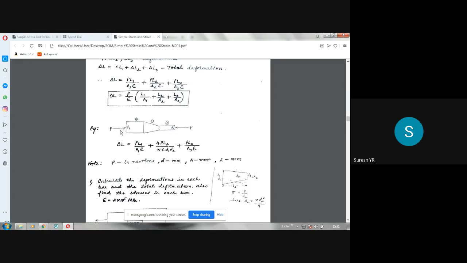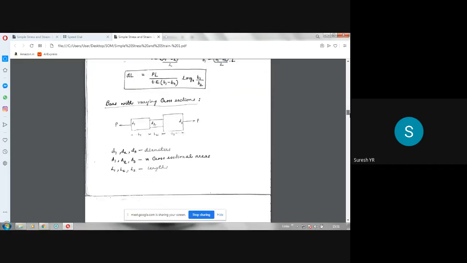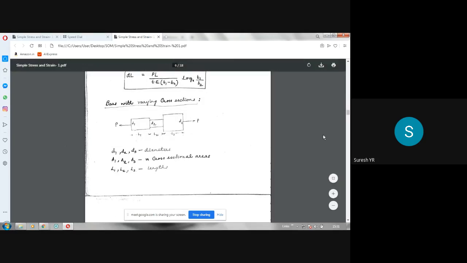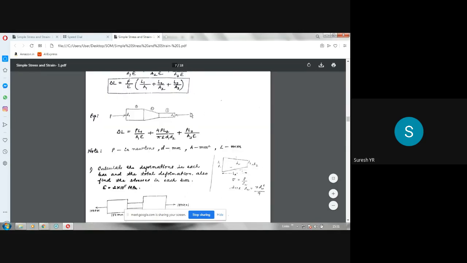And another thing here, please make a note here. This I have shown compressive in this, whereas here I have shown tensile. So the difference between these two is here I have shown tensile. Away from this, elongation will take place, whereas here I have shown compressive force. If I show compressive force, the meaning of that is instead of elongation, contraction will take place.